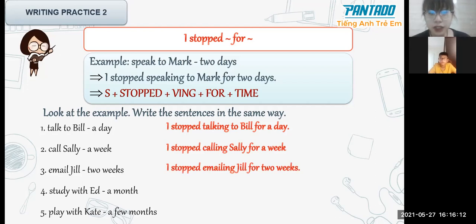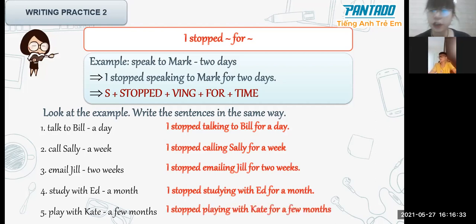And number four, I stopped studying with Ed for a month. Okay, good. And number five, the last one, I stopped playing with a cat for a few months. Okay, that's good. So now the job is to make one example for me, please. Can you think of an example using this structure?